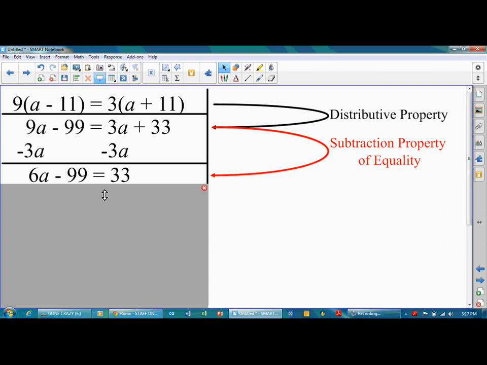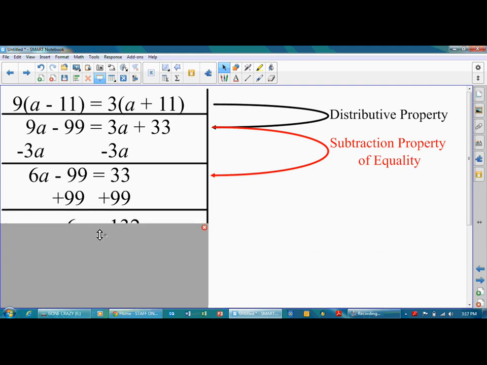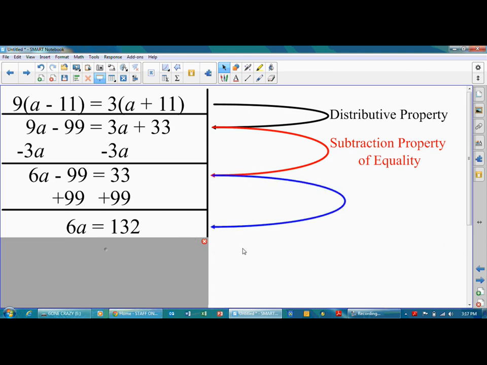And then we need to bring our constants to the other side, so we add 99 to each side, and we get 6a is 132. To get from here to here, that's the addition property of equality. We added the same amount to each side.